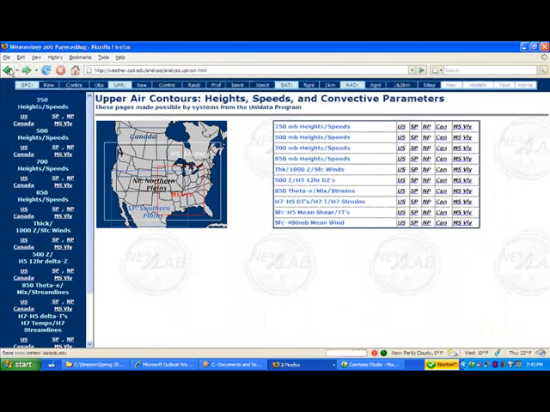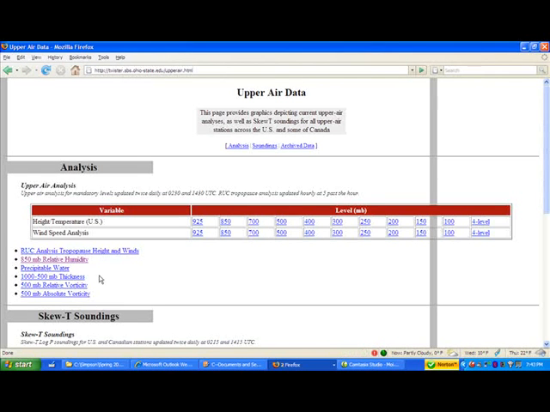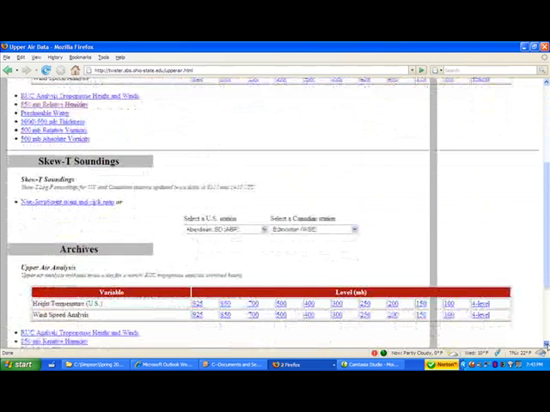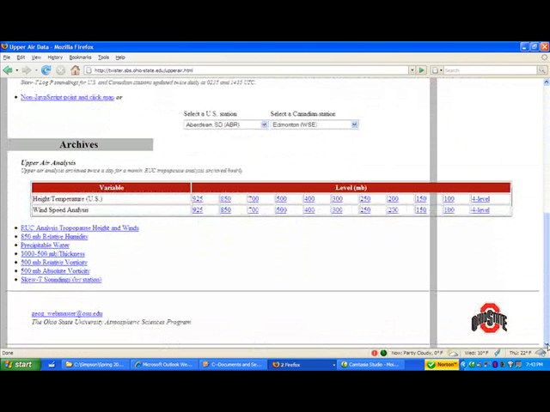So I'm going to go back to my upper air. Let's see Ohio State. Let's look at their analysis. And they have heights and temperatures. Again, I'm looking for temperatures and dew point temperatures.